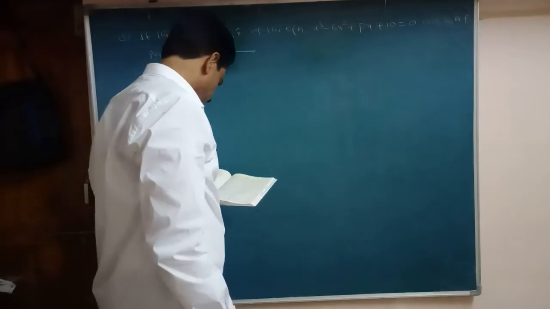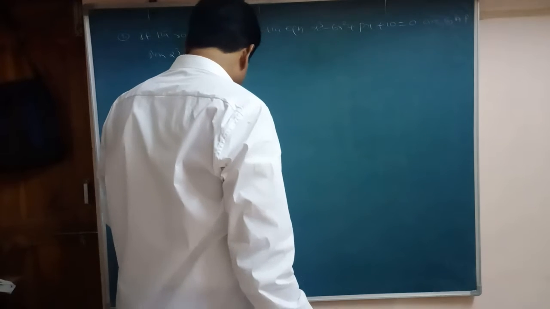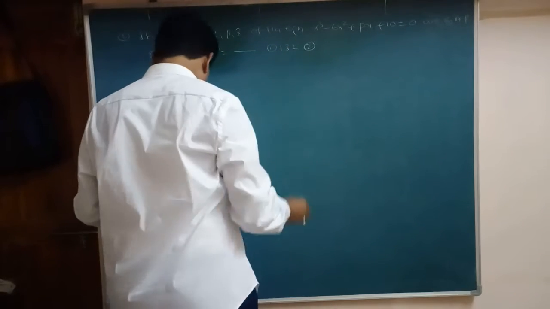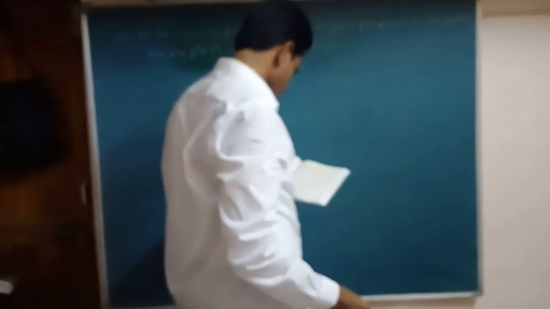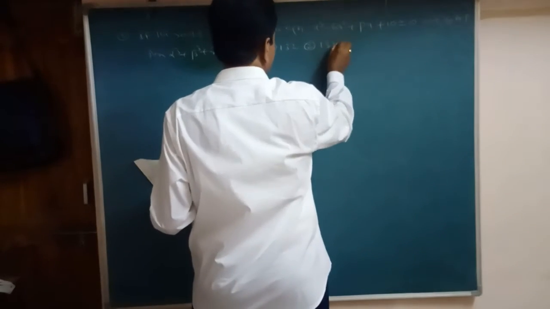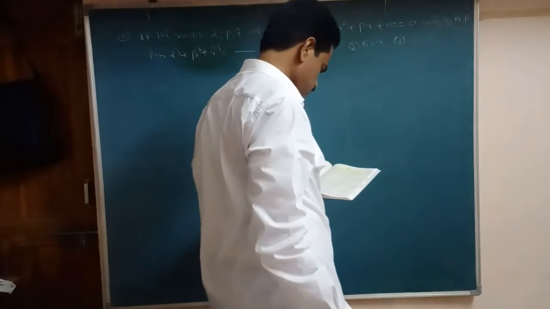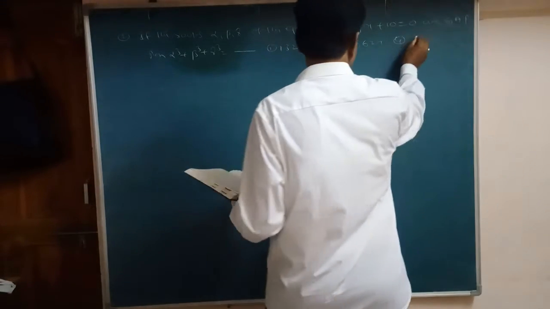So what is given in options here? First option 132, second option 134, third one 629, and fourth one 645.